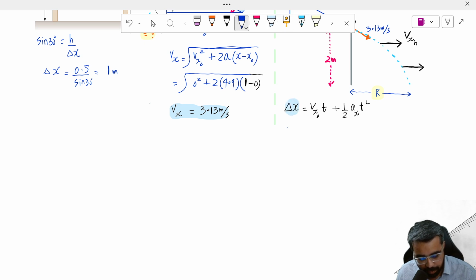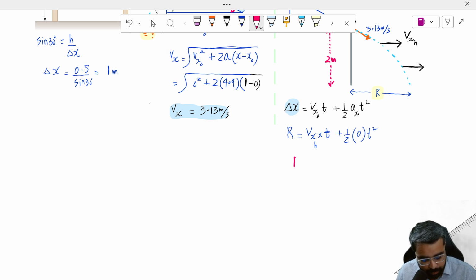So I'm going to write it: R is equal to the initial velocity along the x-axis, horizontal, times the time taken, plus 1 over 2, acceleration along the x-axis is 0, times t square.